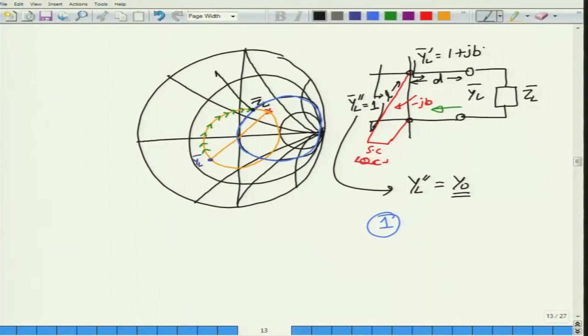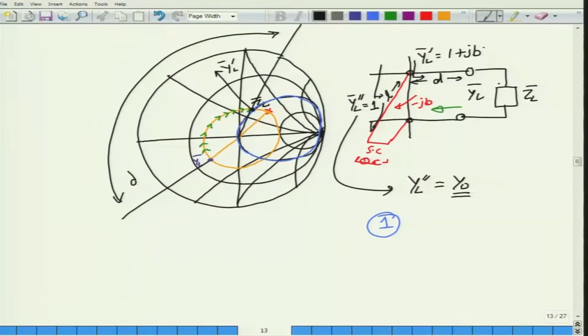This point is the point where the admittance is YL prime, and the distance that you had to move in order to reach this point is simply the distance d on the transmission line. So you started off with YL bar, you reached YL prime, which is given by the intersection of the SWR circle with the unit circle.